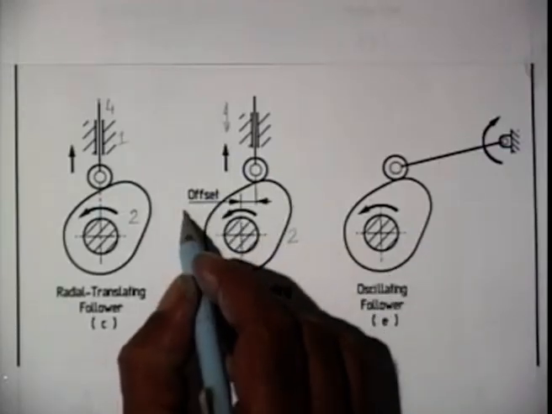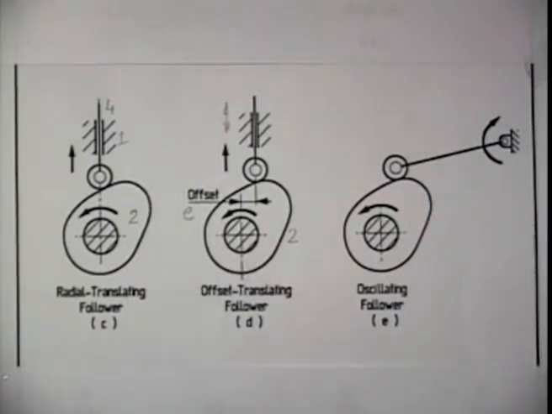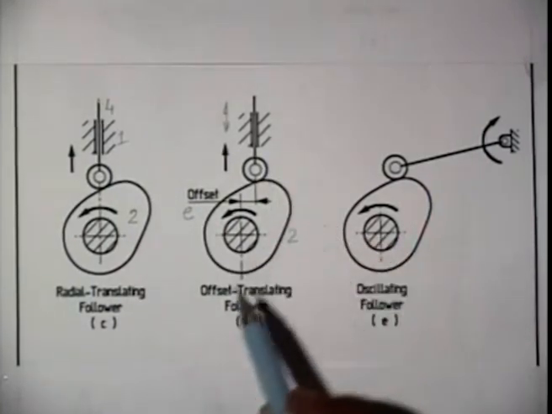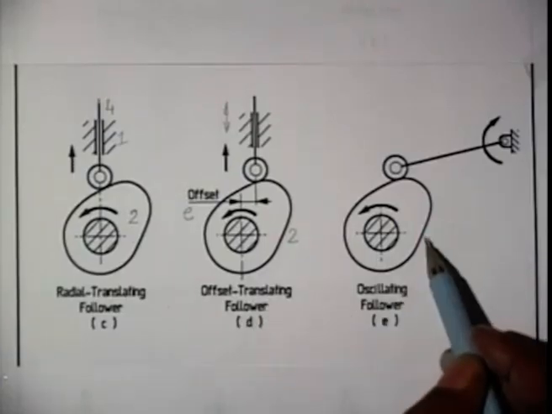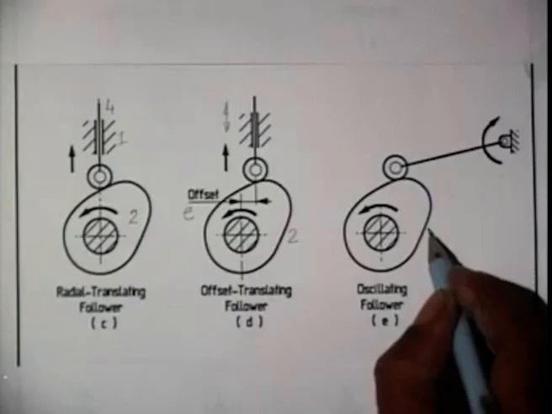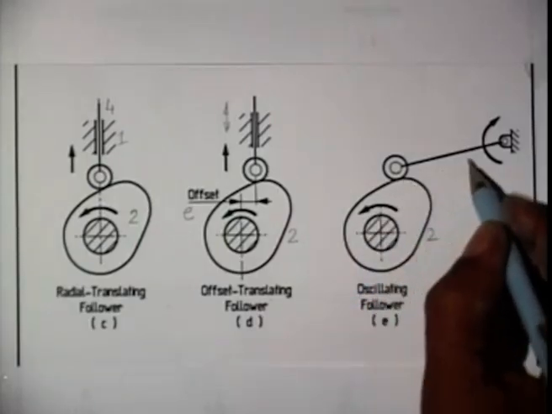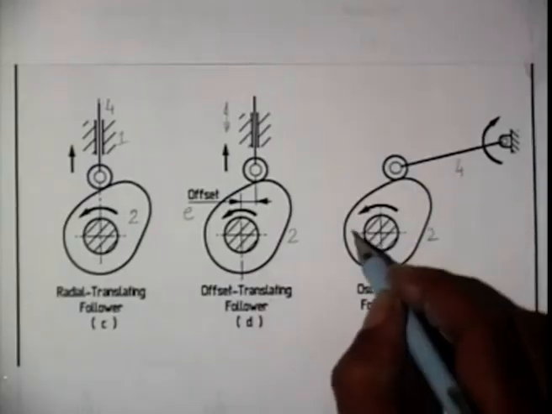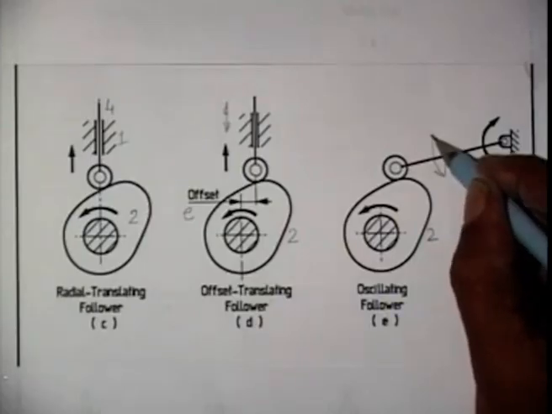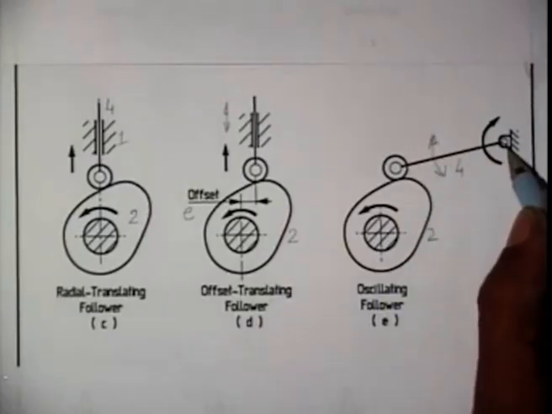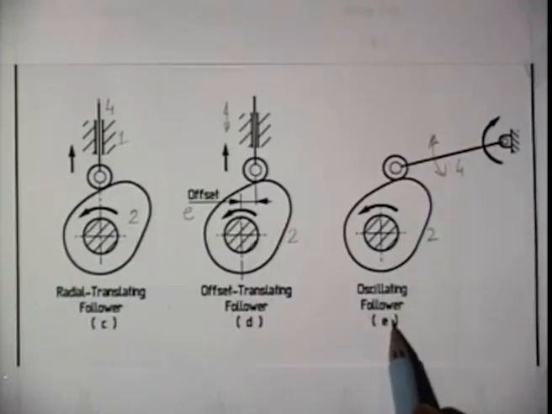This offset we will normally denote by the symbol E. So this is called an offset translating follower. Whereas in this case, the cam rotates as before, but due to the shape of the cam, the follower undergoes an oscillatory motion and is hinged at this point. So this is called an oscillating follower.